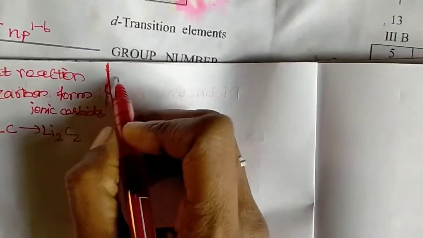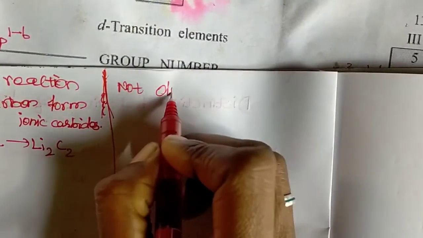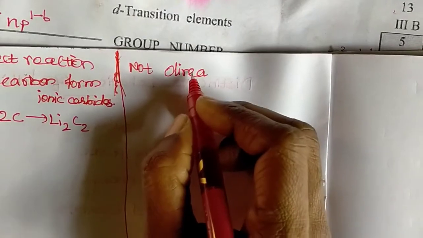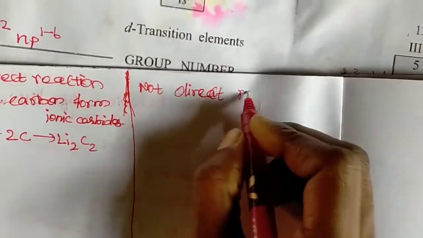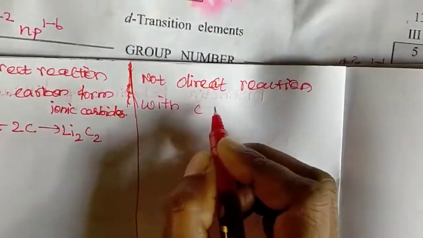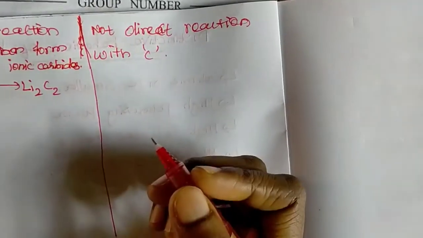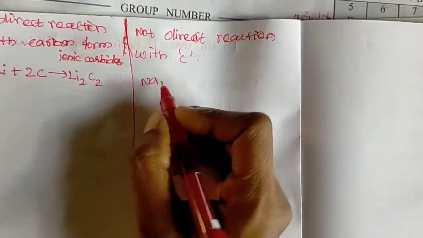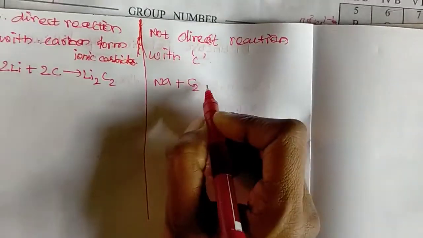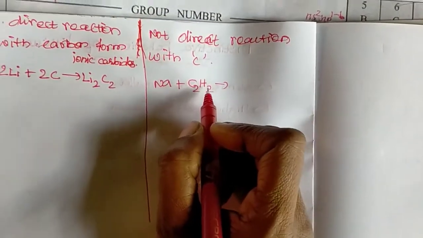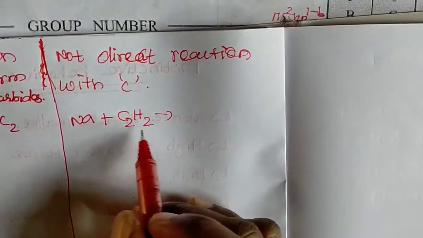This is opposite for the alkali metals in group 1. They do not react directly with carbon, but they can form carbon compounds. For example, sodium is combined with C2H2, which is ethyne, a carbon compound.